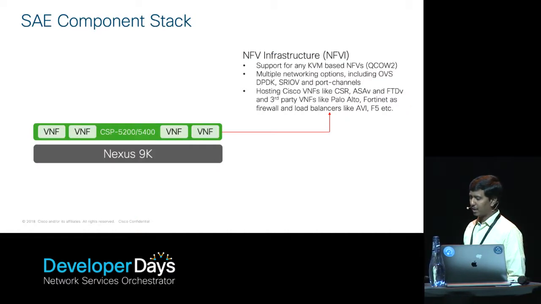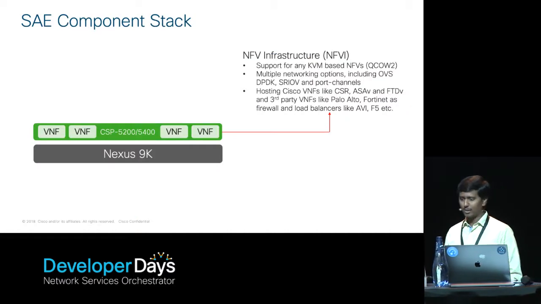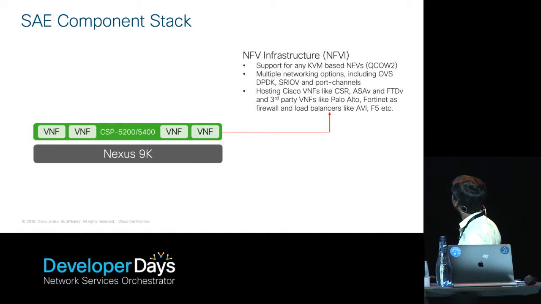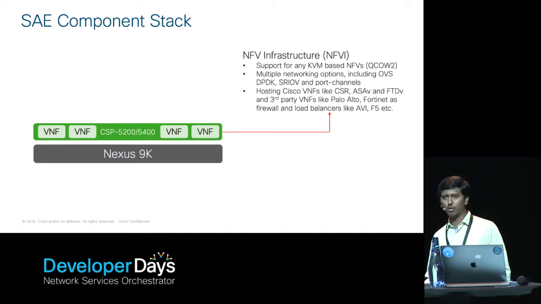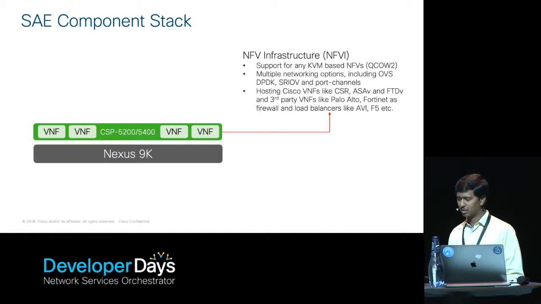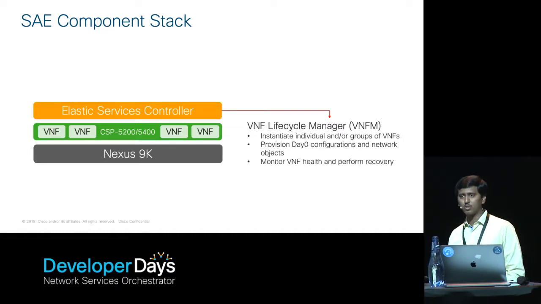To go deeper, the stack starts with the Nexus 9K switch, the switching backbone infrastructure, connected to Cisco's Cloud Services Platform, CSP, hosting VNFs. These could be any of Cisco's VNFs or third-party VNFs like Palo Alto, Fortinet, or F5 load balancers. Cisco's ESC is the VNF lifecycle manager for managing the VNFs and deploying the day zero configurations.